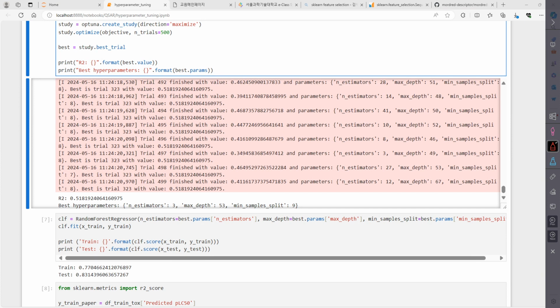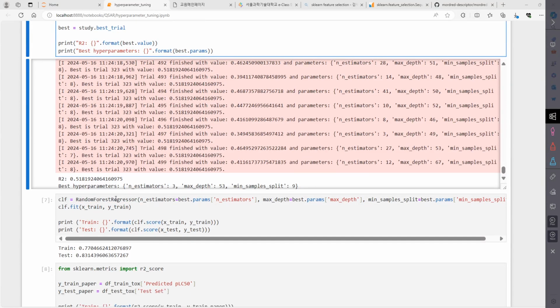And then redefine the function, use the best hyperparameters, train the model, and save it to use for other cases or model deployment.